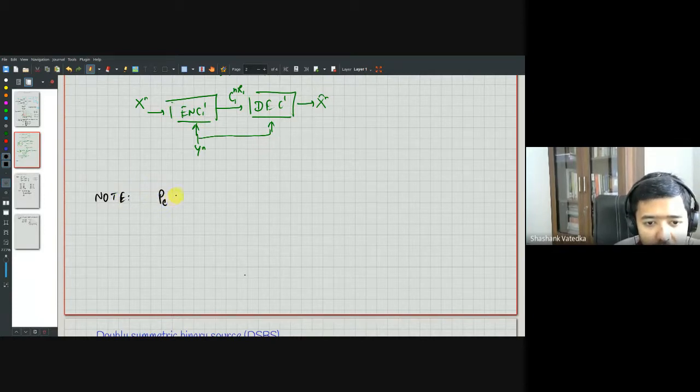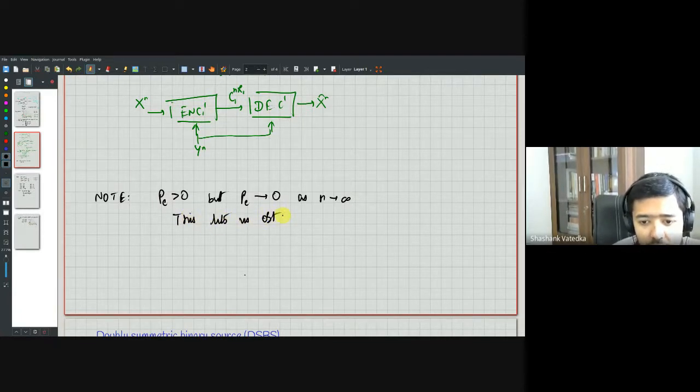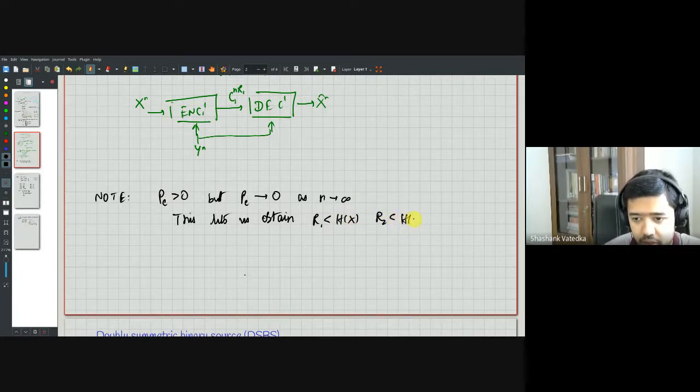So the probability of error is greater than 0, but we demand that the probability of error tends to 0 as n tends to infinity, and actually this lets us obtain some R1 less than H of X and some R2 strictly less than H of Y.